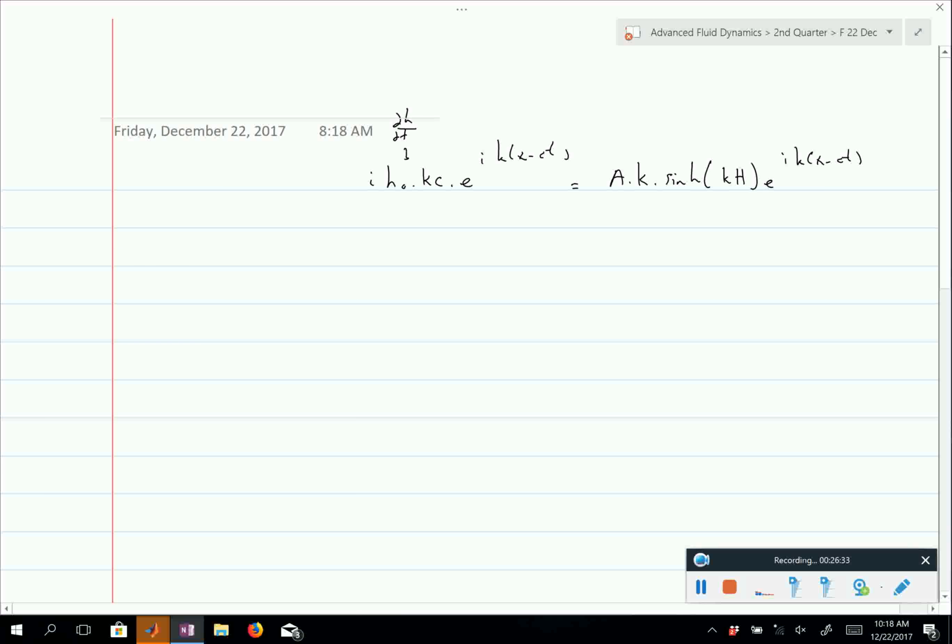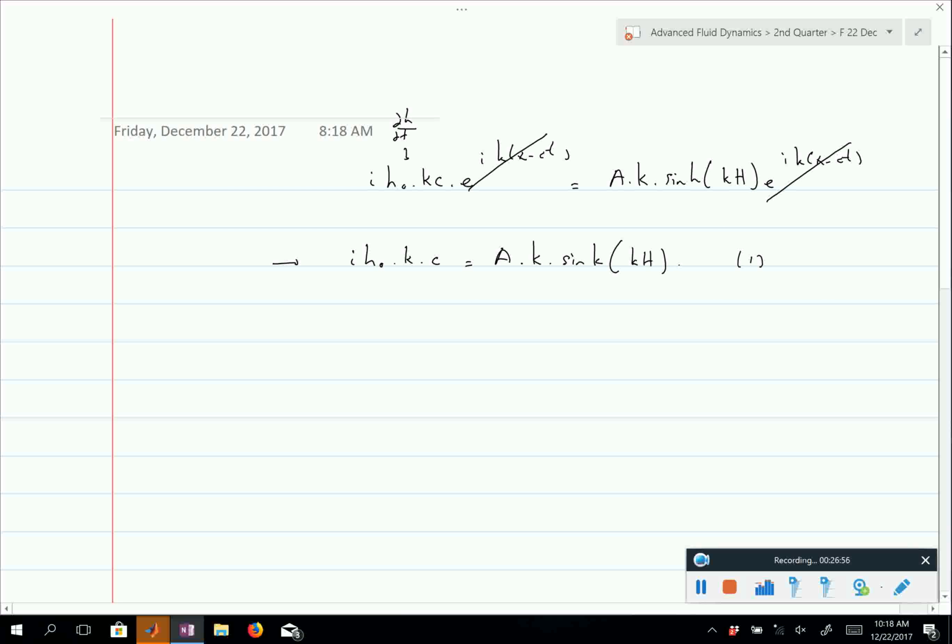Yeah? So those here cancel, so our kinematic boundary condition gives us the first relation between h naught, k, and c. Okay, so that's our relationship number one.